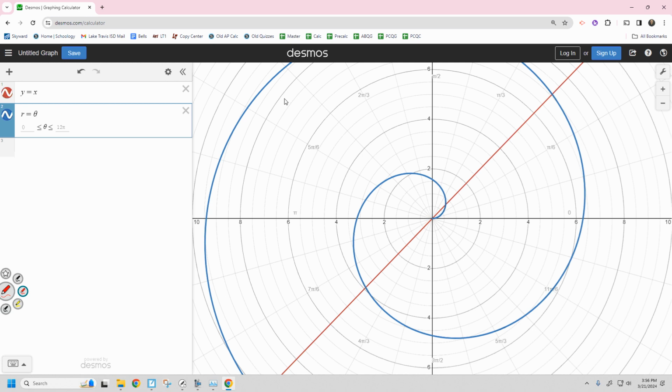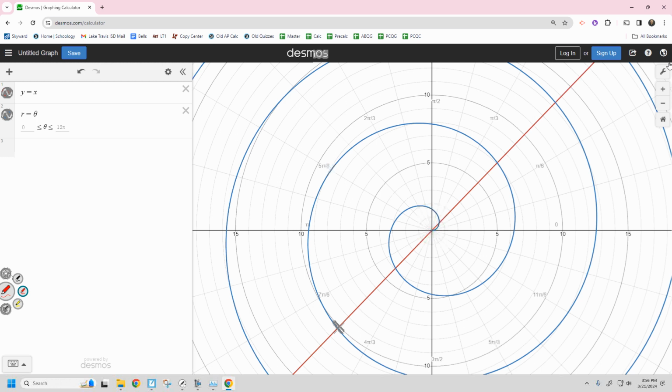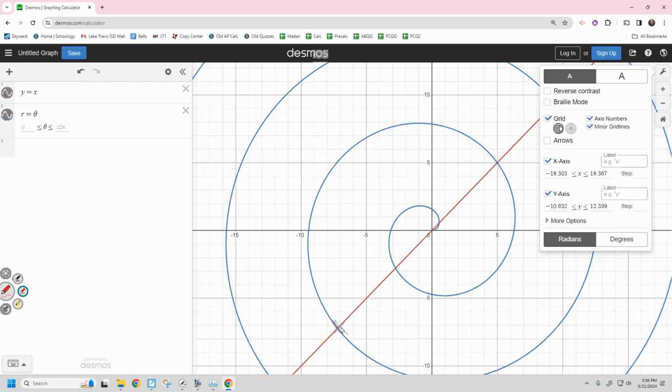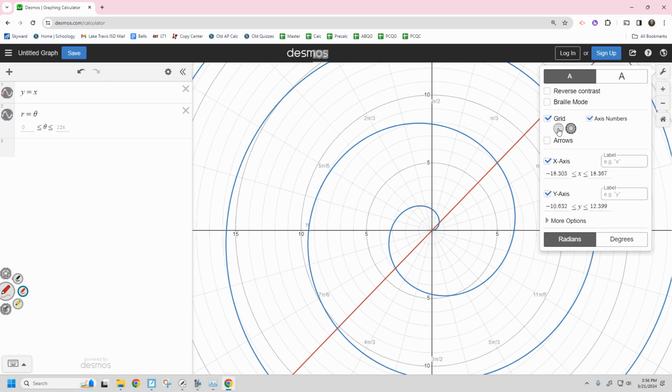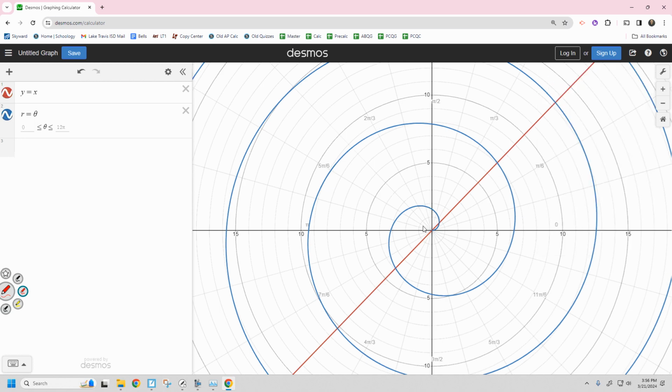Oh yeah, that's cool. So notice, polar mode versus rectangular mode. Nothing changes. The graph doesn't change. It's just easier to see certain points that are plotted in the polar system.